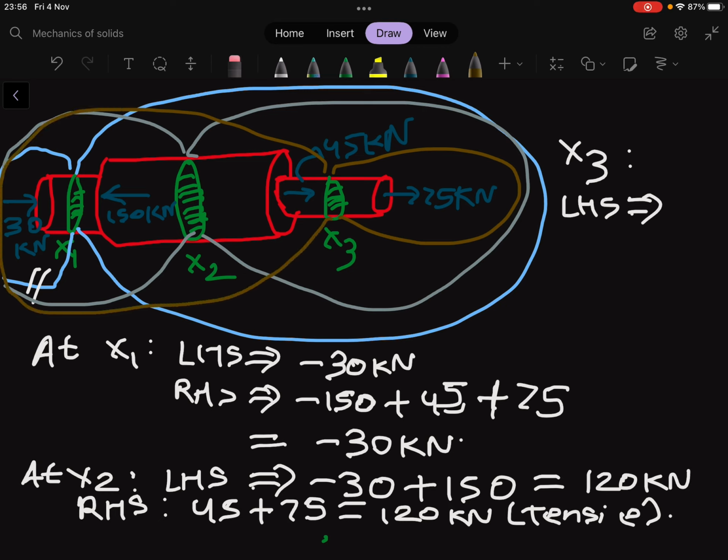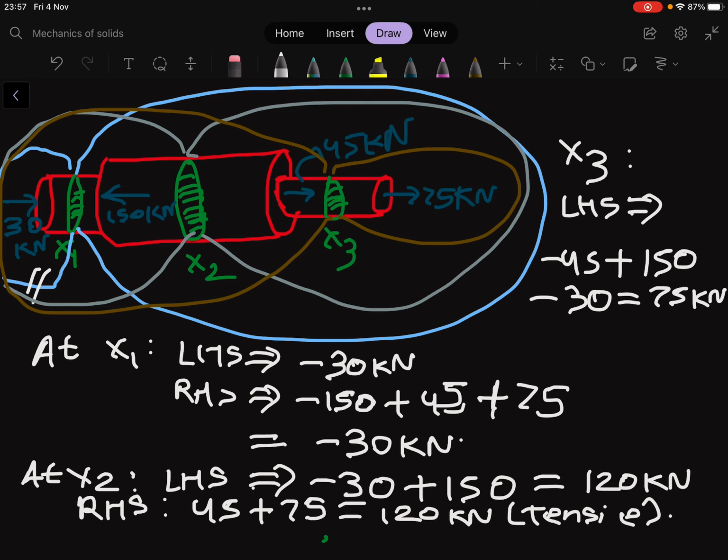So from the left hand side we get compressive load of minus 45, tensile load of plus 150, and also the compressive load of minus 30. So this equates to a net 75 kilonewton of load.